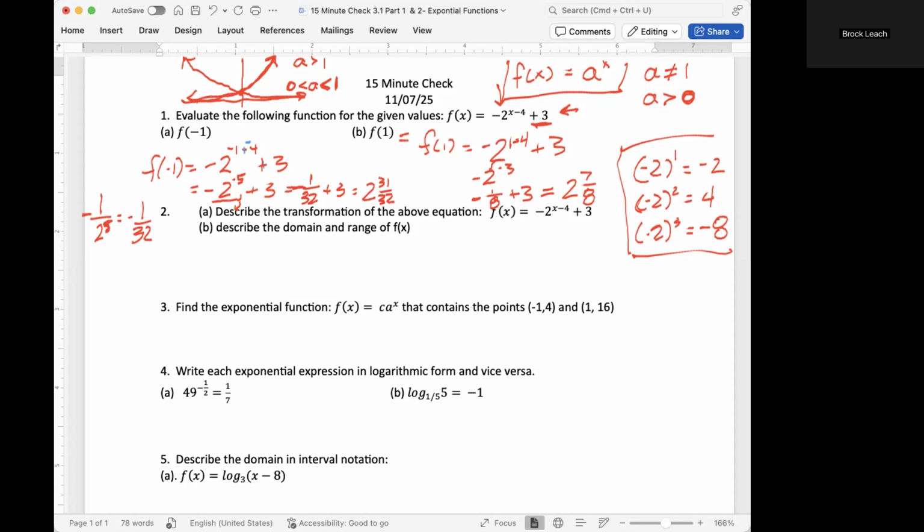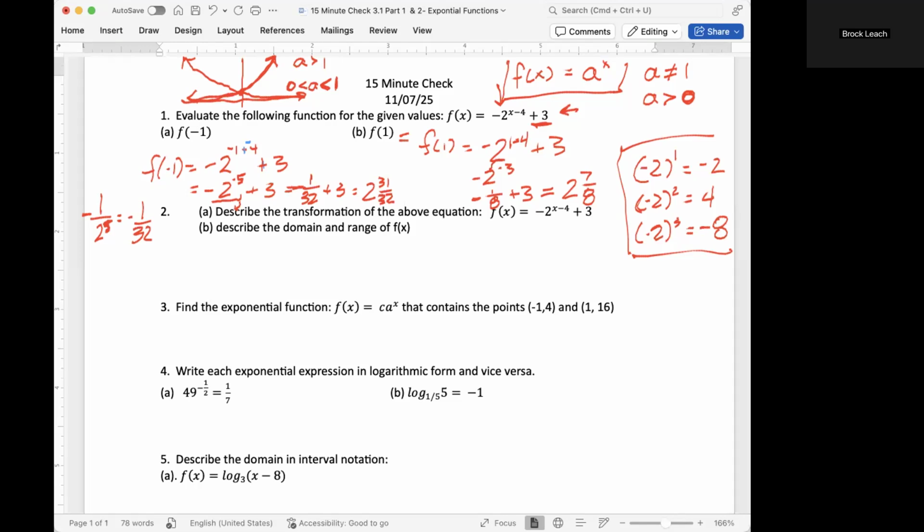Remember that when we were doing this with parabolas and polynomials in general, whatever was being done to the x was always the opposite of what we thought. This carries over into exponential equations and logarithmic equations.